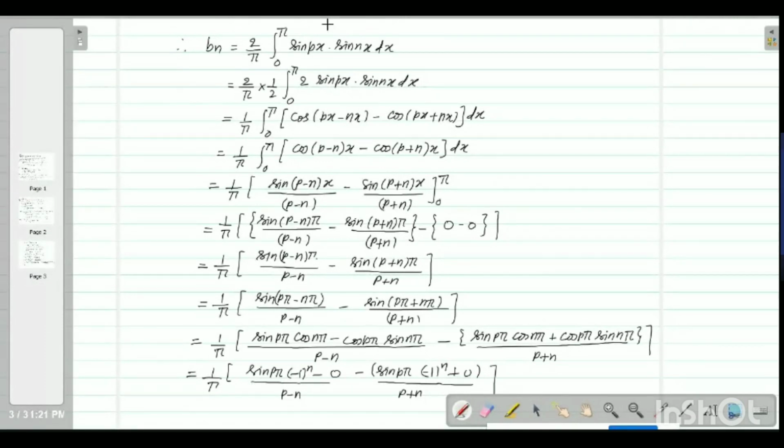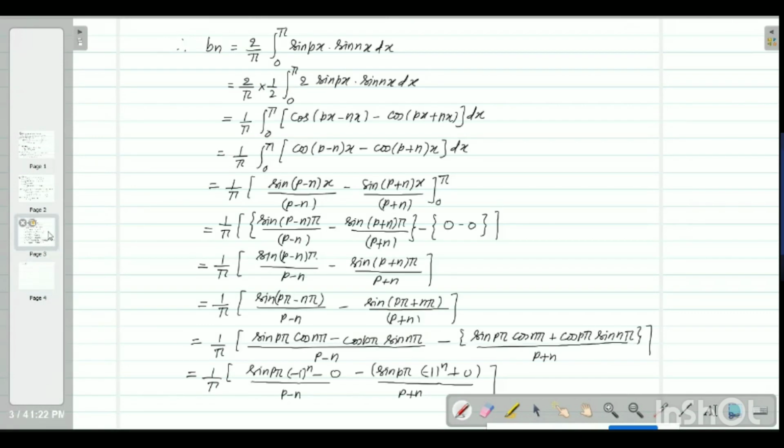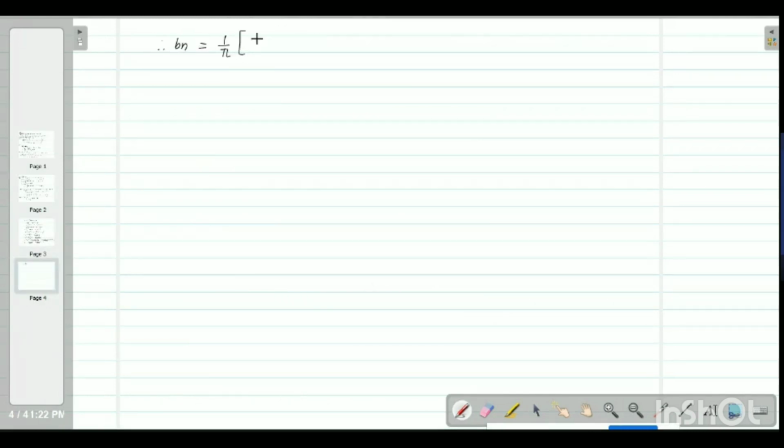Then we will write, therefore bn equal to, just simplify, then we will take common 1 upon π: sin pπ (minus 1) raised to n, and divide by p minus n, and minus sin pπ (minus 1) raised to n, divide by p plus n.